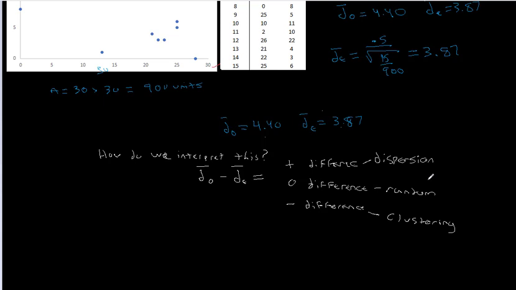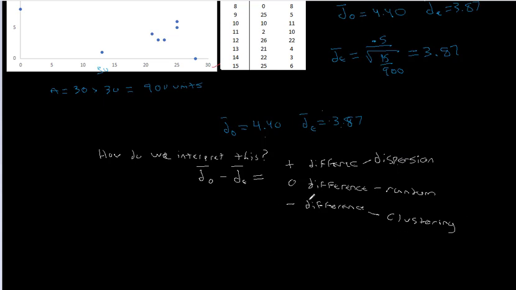So hopefully that makes sense. This idea that you have your average nearest neighbor distance, and you're comparing it to what you would expect given random. The farther apart these values are, the more likely you are to have some sort of pattern. If you have a high positive difference, that could be an indication that the points are farther apart than random, which would be dispersion.